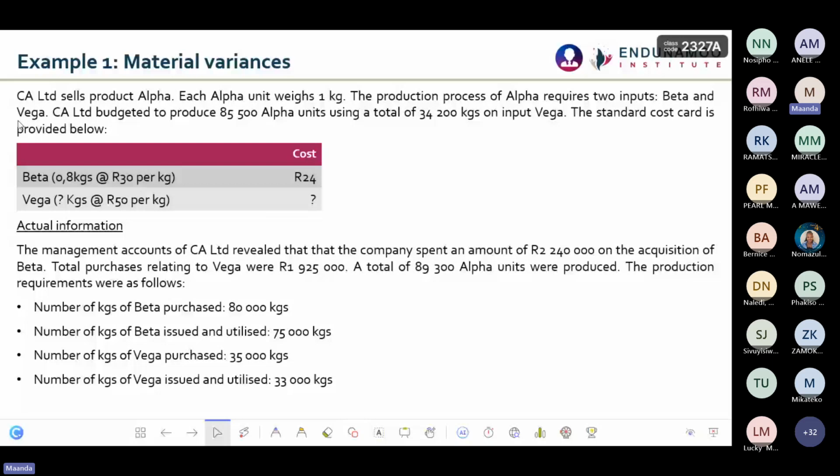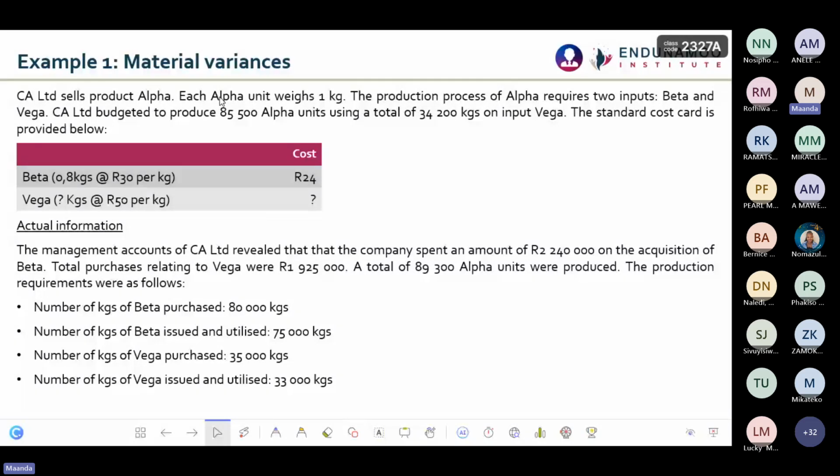So B and V are the two inputs that we need. Think about a car, the seat, type A, type B, as we spoke about when we were determining that. And then we budgeted to produce 8.5 alpha units. This is tricky because for budgeted units I need to use flexed.